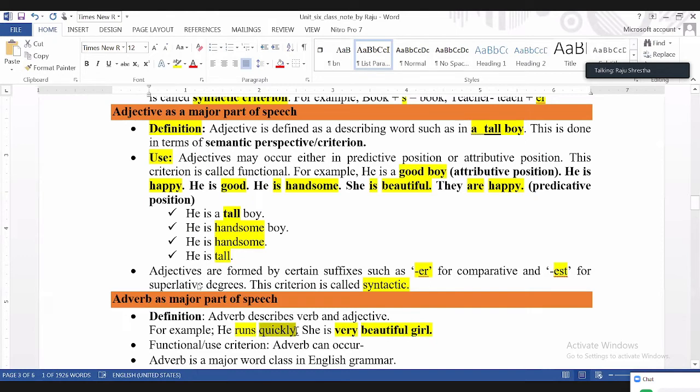Quickly, this is what? Sentence final position. Very, this is what? Sentence middle position.